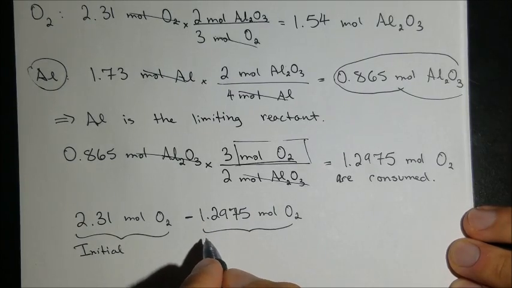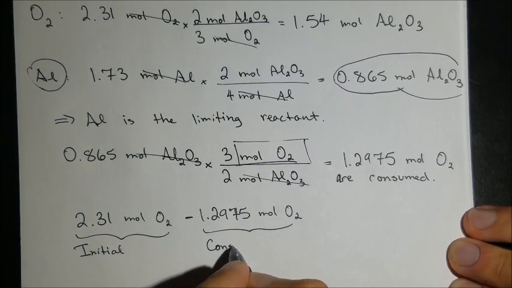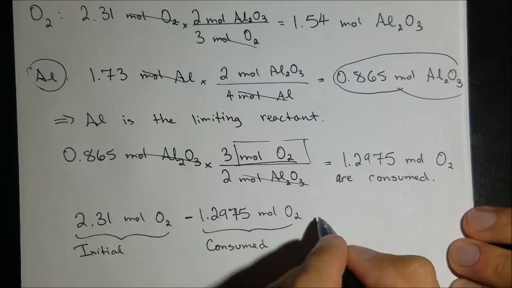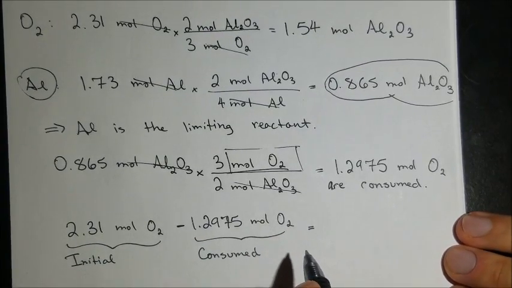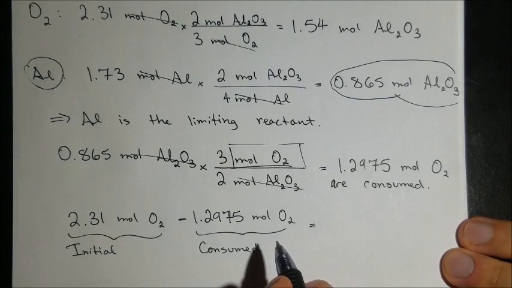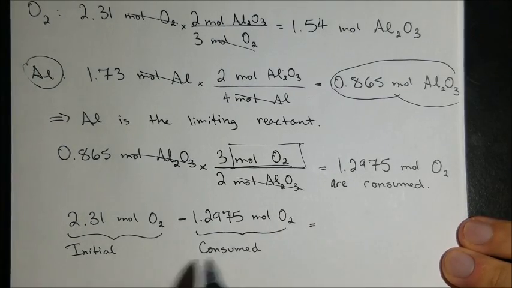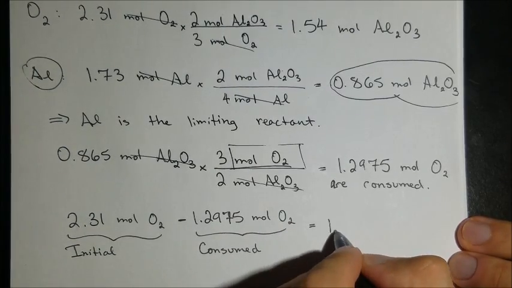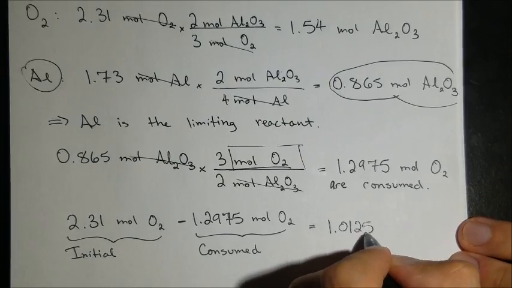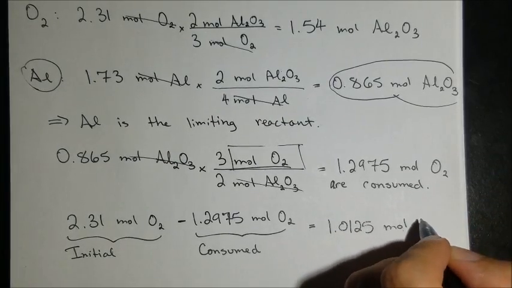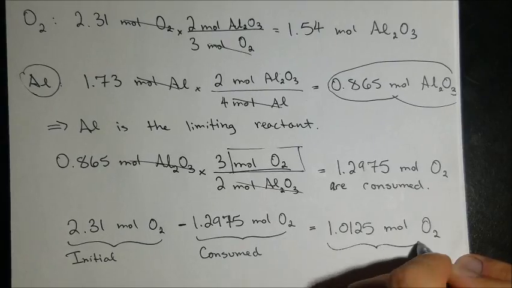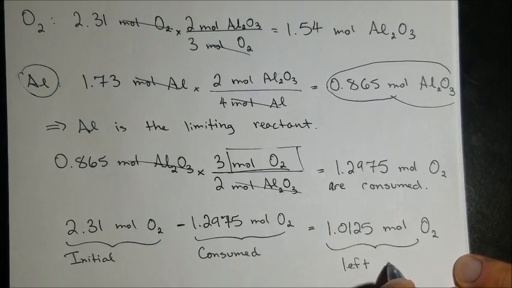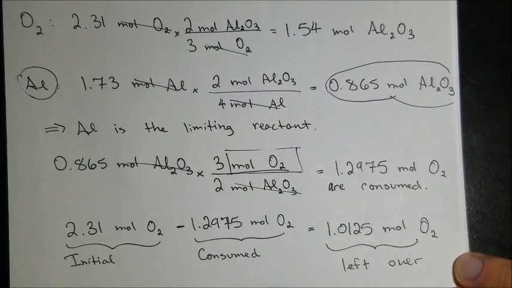This is how much we used, or how much we consumed. The amount that's left over is simply going to be the difference between these two, which is 1.0125 moles of O2. This is what's left over at the end of the reaction.